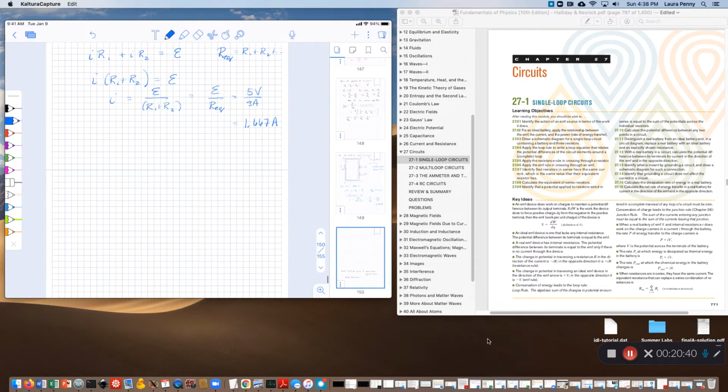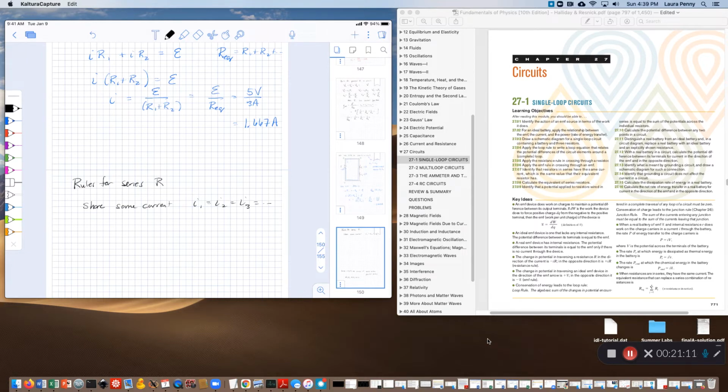So for series resistors, they share the same current. In other words, I1 equals I2 equals I3, however many you have in your circuit.